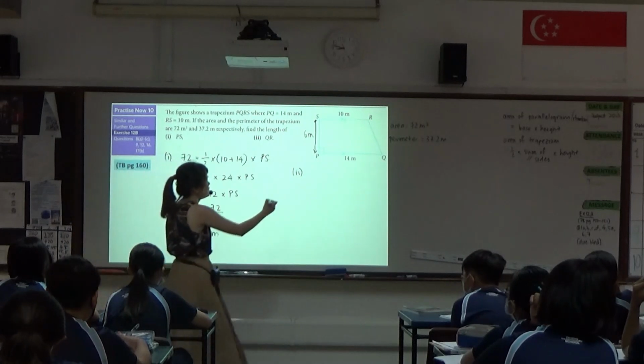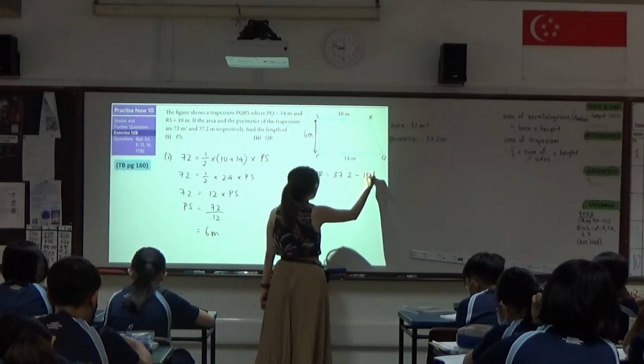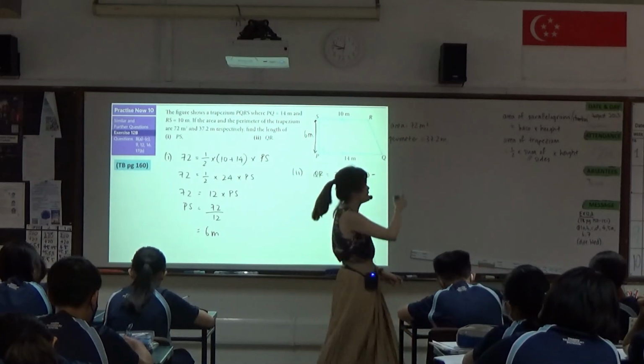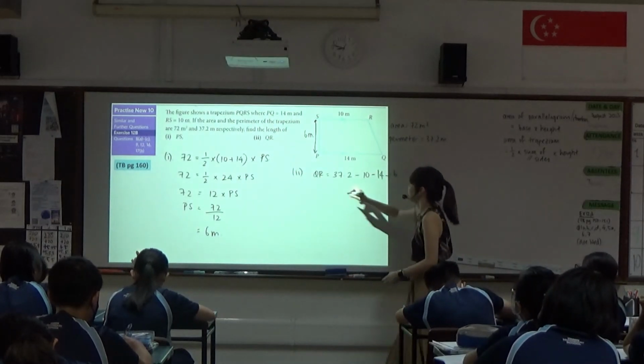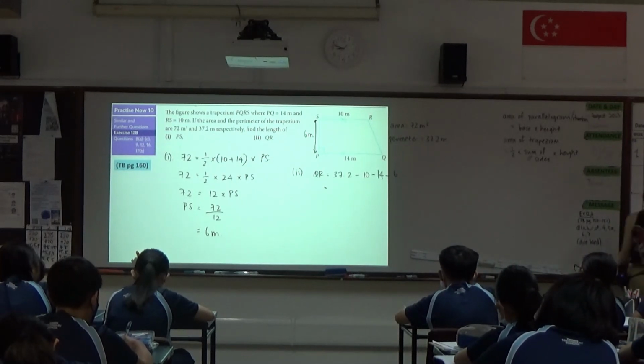It is 37.2 minus 10, 14, and 6. So we just take the parameter and subtract everything else, and that will give us 7.2.